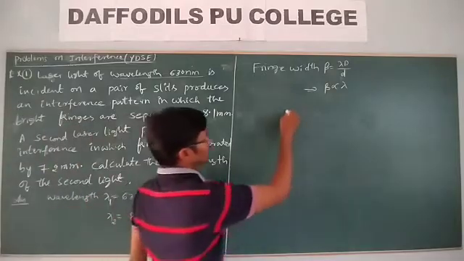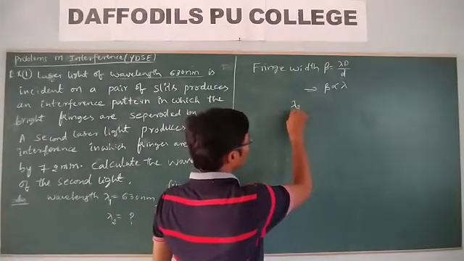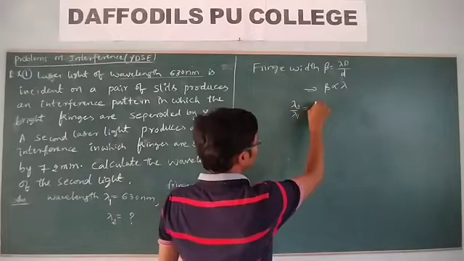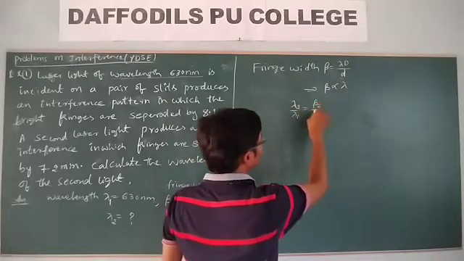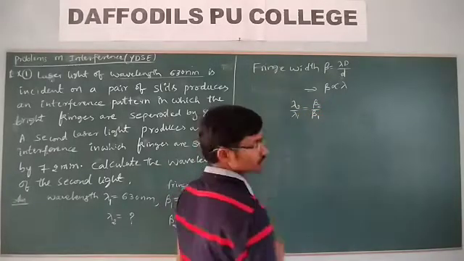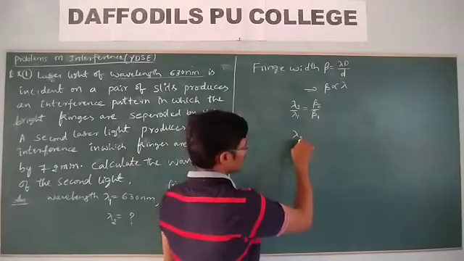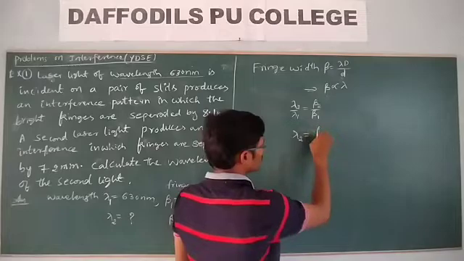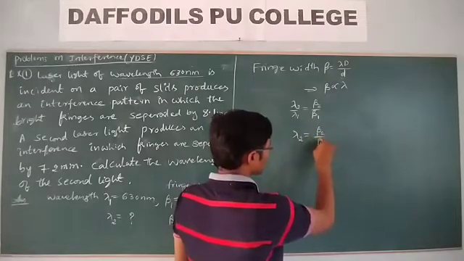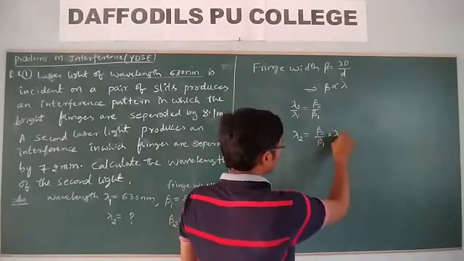Let me write the expression. Lambda 2 by lambda 1 is equal to beta 2 by beta 1. Now we need to calculate the wavelength: lambda 2 is equal to beta 2 by beta 1 into lambda 1.